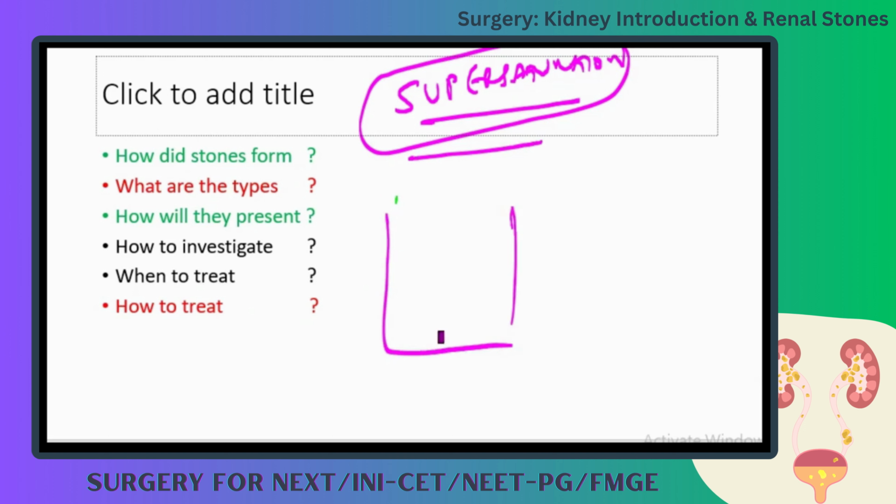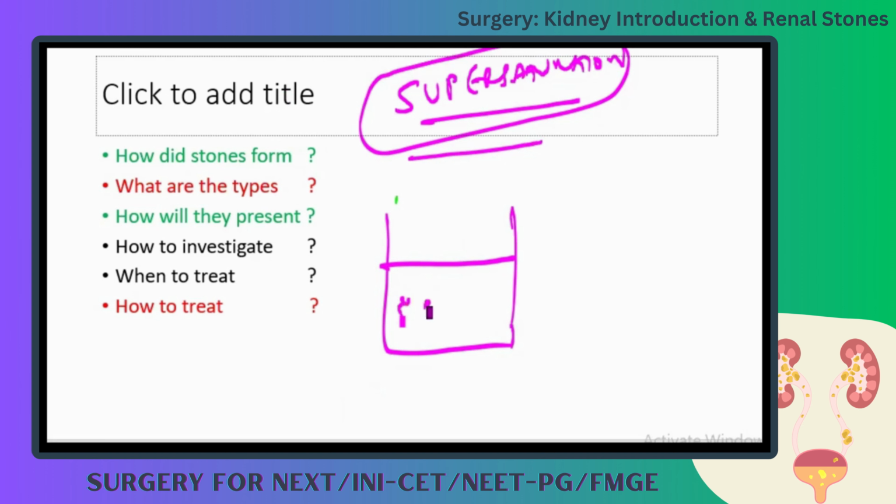So just a simple example which we learn in our physics. Take a solution, add salt. What will happen initially? It dissolves in water.